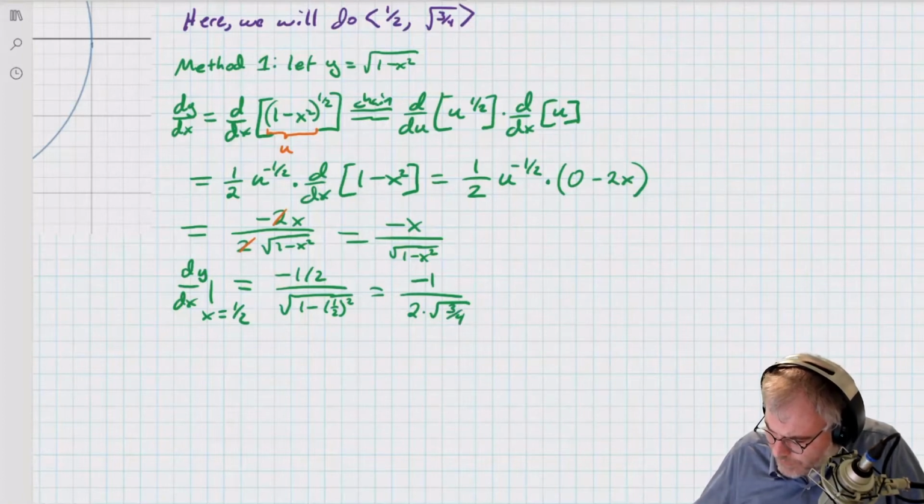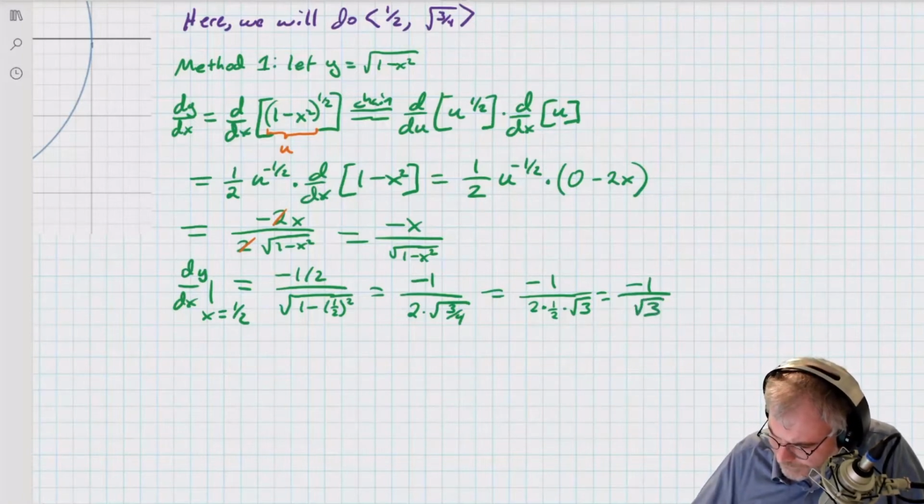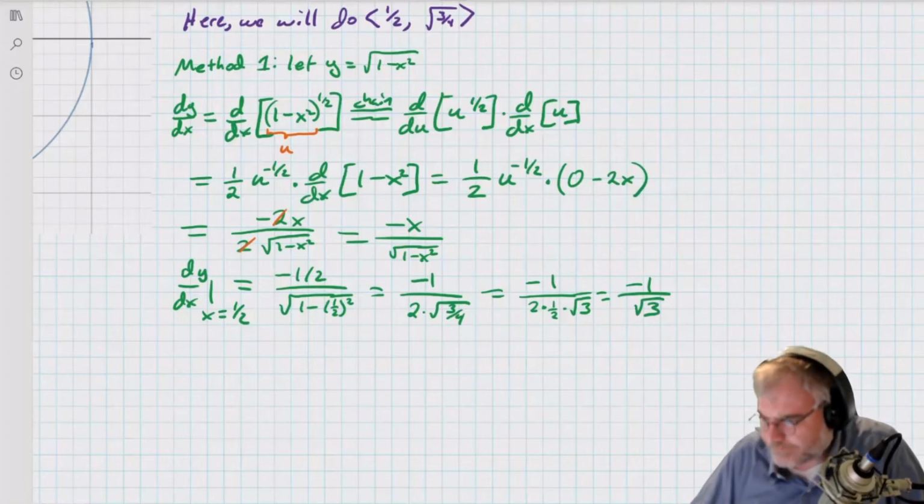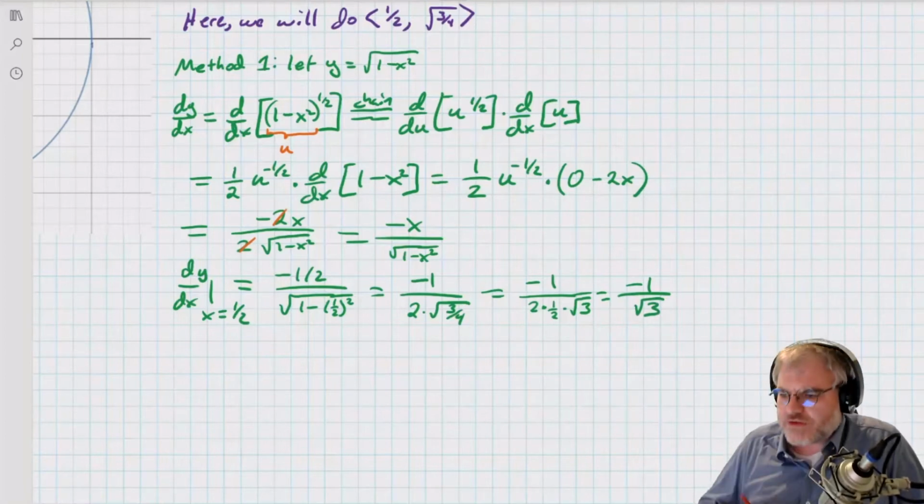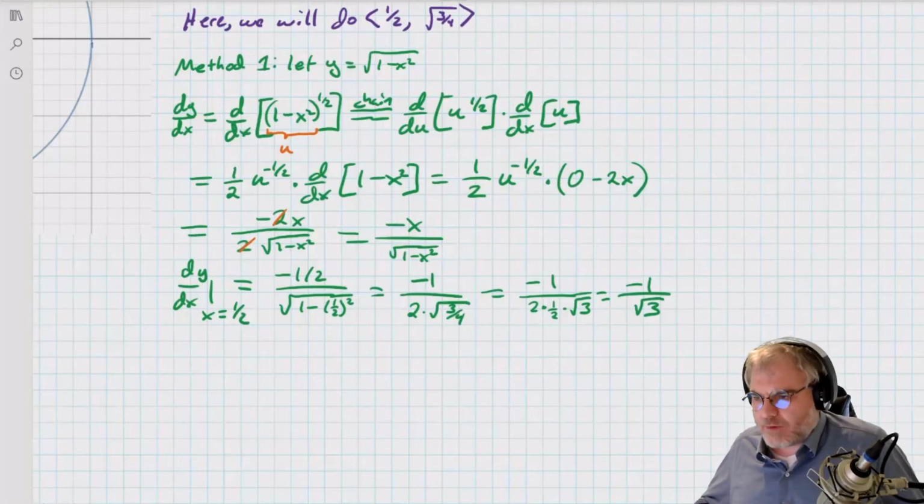Okay, I pull out the 3, and I pull out the 4 on the bottom, and I get 2 times 1/2 on the bottom times the square root of 3. And the 2 and the 1/2 cancel, and I wind up with -1 over the square root of 3. Okay. So that's one way I could approach this problem, right?